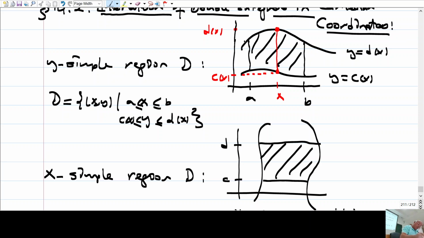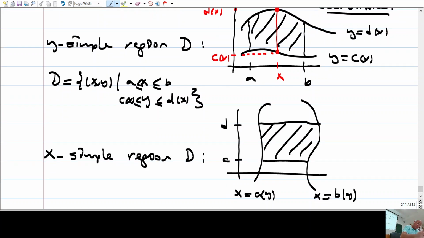Here it is the other way around. For any y value, I have this point, a(y), and this point, b(y).